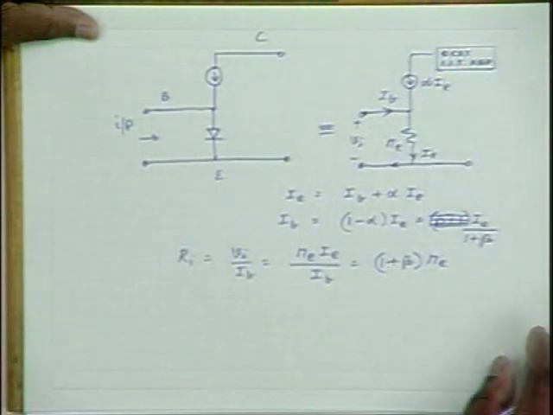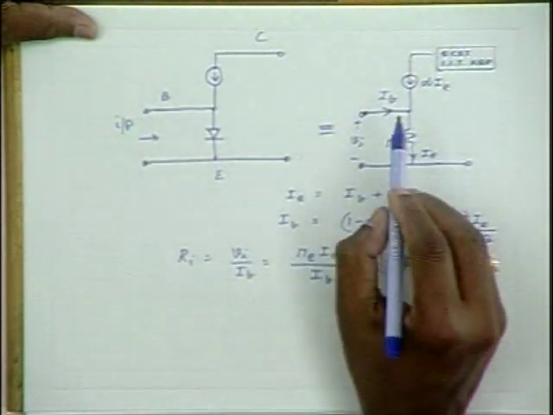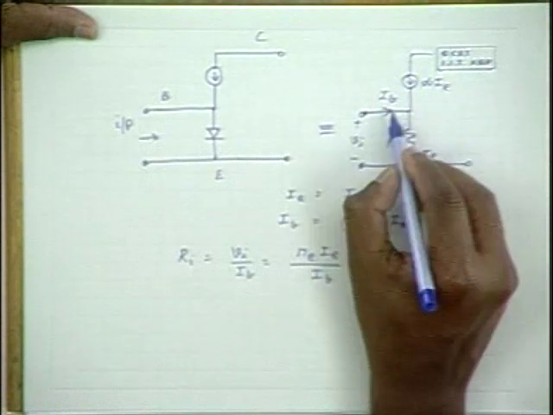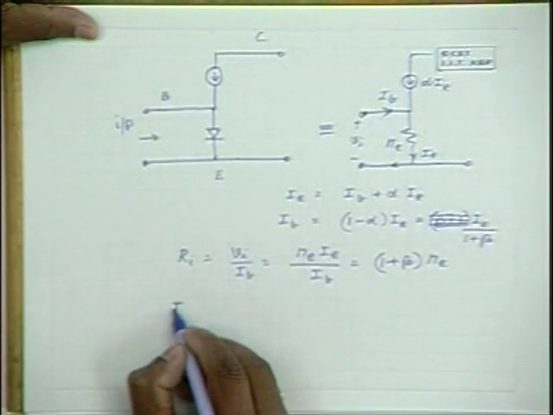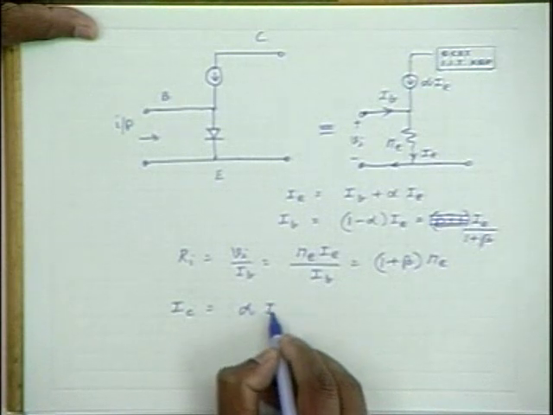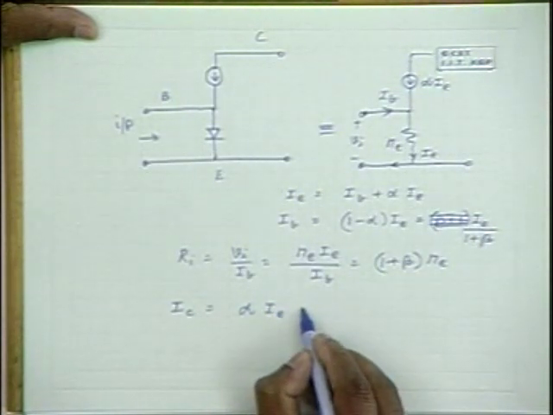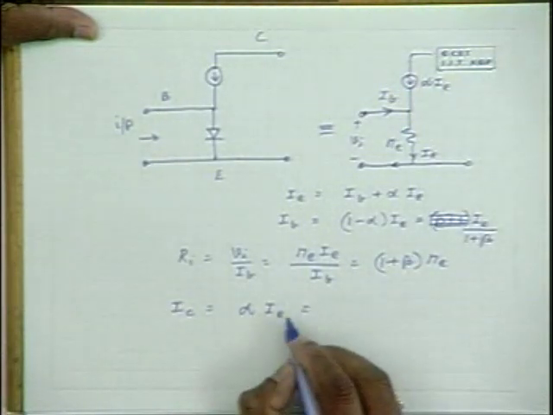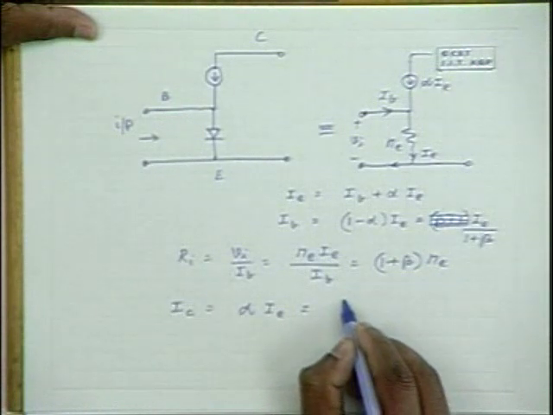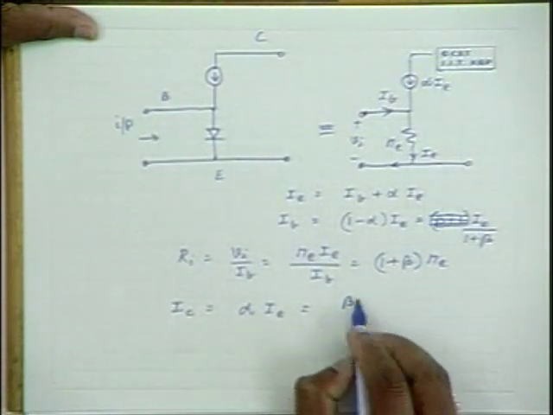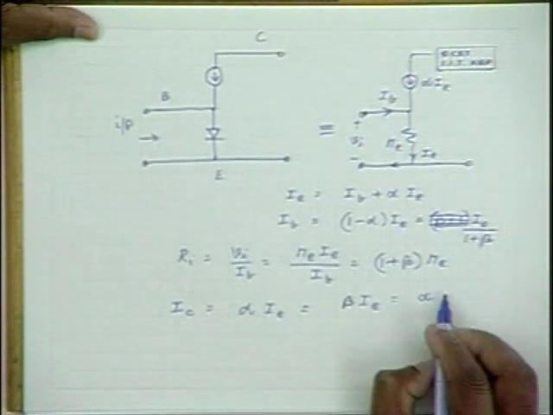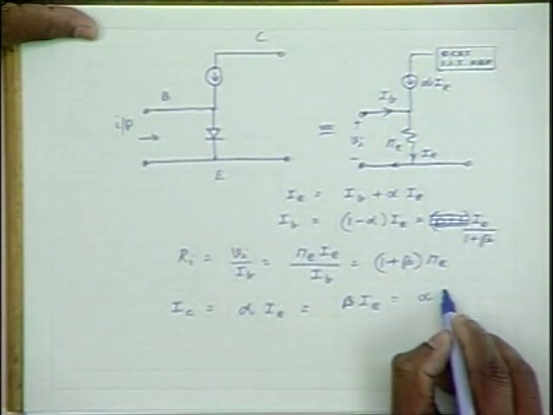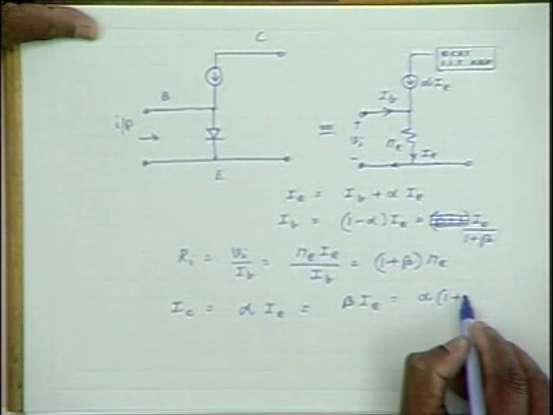Before going into the output impedance, please note that in the common emitter configuration, the input to output current ratio is: IC is equal to alpha IE, and in terms of IB, this is going to be beta times IB, or alpha into 1 plus beta into IB.